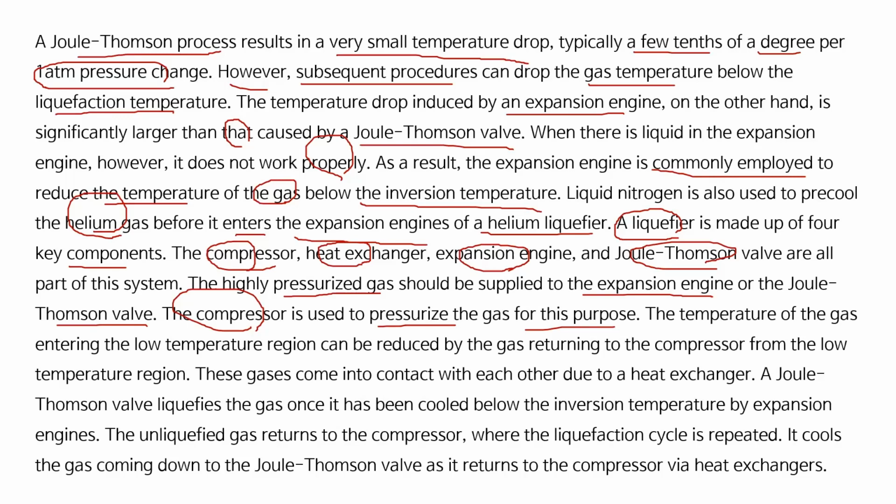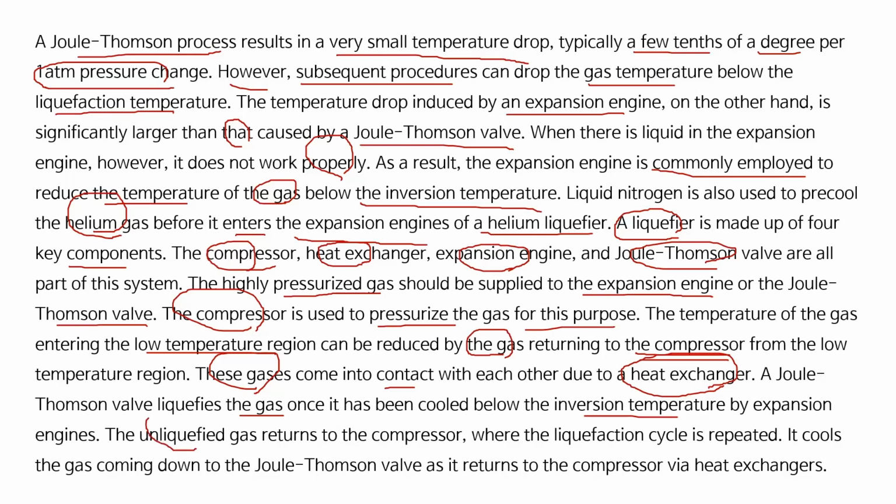The temperature of the gas entering the low temperature region can be reduced by the gas returning to the compressor from the low temperature region. So these gases come into contact with each other for heat exchange. A Joule-Thomson valve liquefies the gas once it has been cooled below the inversion temperature by expansion engines.